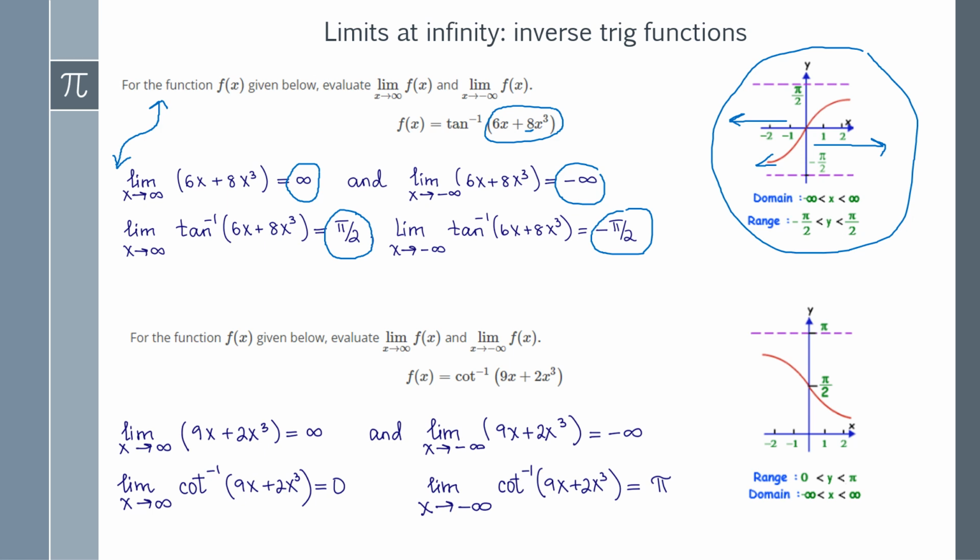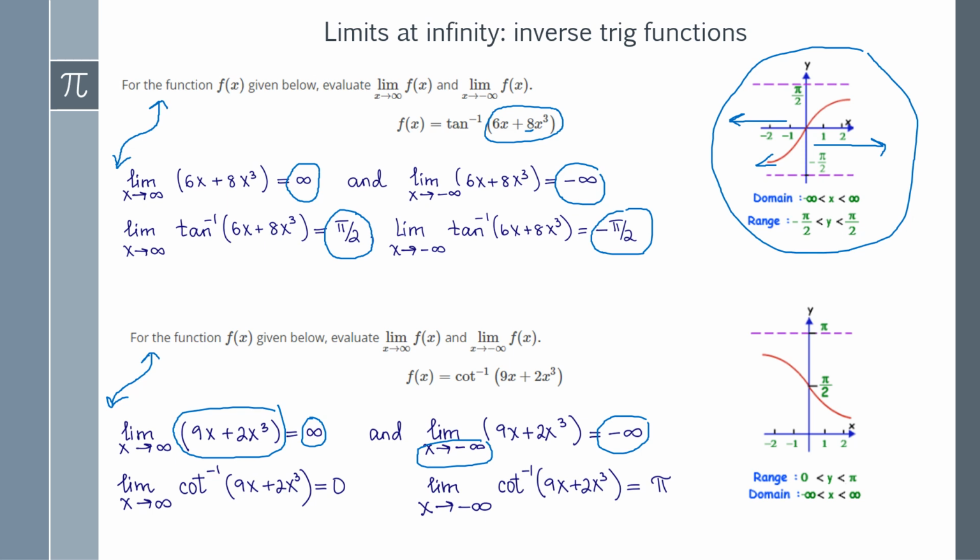So we can say right away that the limit as x goes to infinity of this polynomial is positive infinity. Okay, and as x goes to negative infinity, the limit of this polynomial is negative infinity. And again, this is related to the end behavior of polynomial functions, which we have discussed previously.